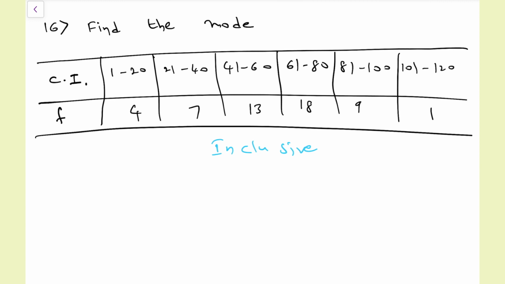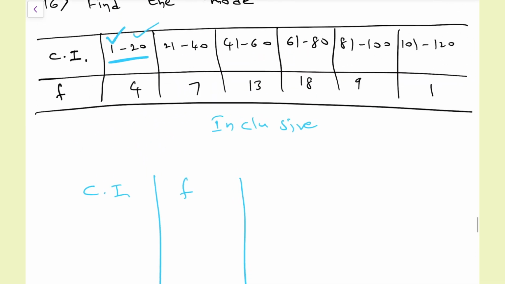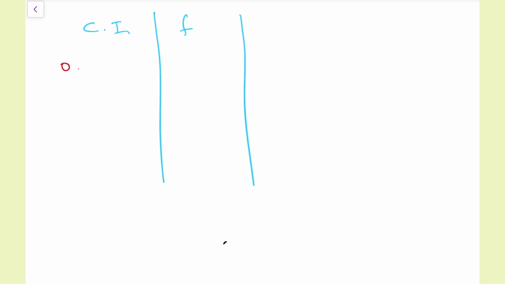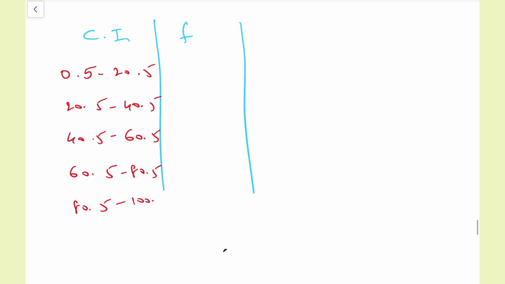For that, for every class interval, for the lower boundary you need to subtract 0.5, and for the upper boundary you need to add 0.5. So the first column is class interval and the second column is frequency. Class interval is 1 to 20, right? Adding and subtracting 0.5, it will become 0.5 to 20.5, then 20.5 to 40.5, then 40.5 to 60.5, then 60.5 to 80.5, then 80.5 to 100.5, then 100.5 to 120.5.